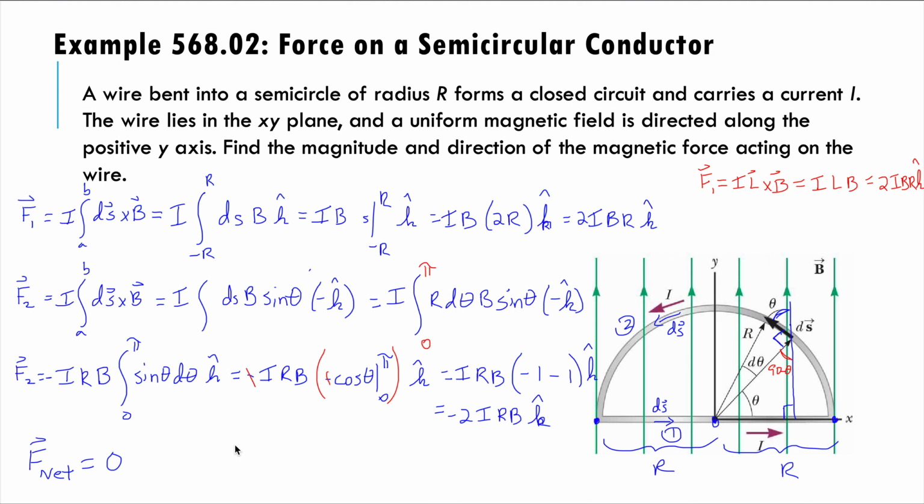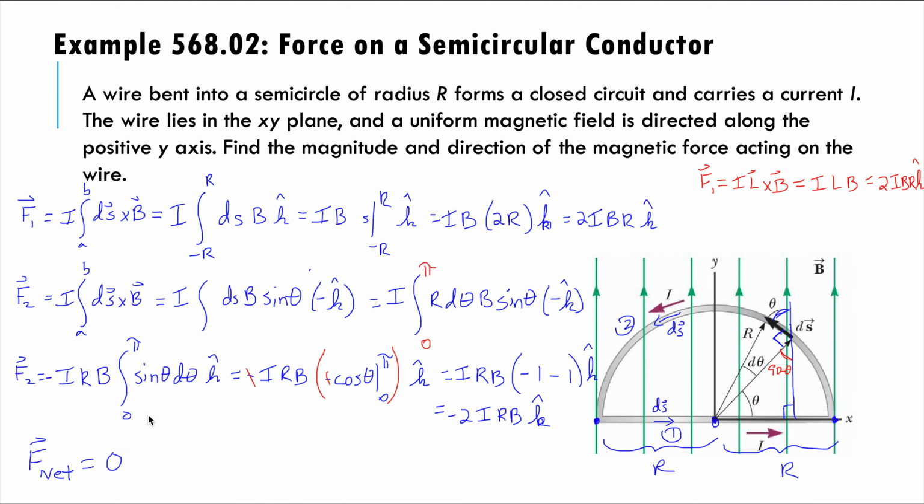This leads us to two very important results. The first result is that when you have a closed current loop in a uniform magnetic field, then the force on that closed current loop in that uniform magnetic field is going to be 0. That's a great result.